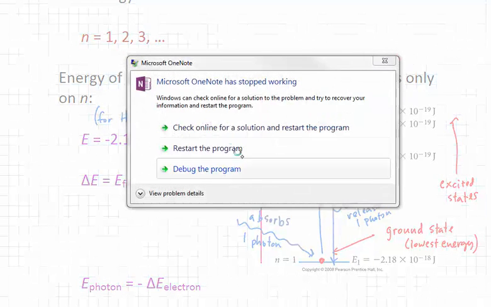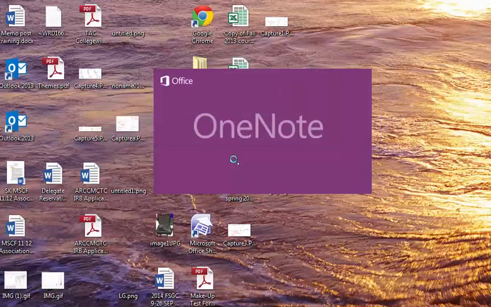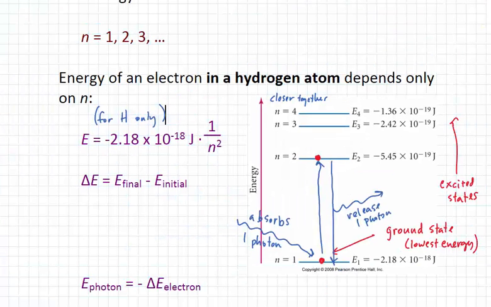The other thing: delta E, a change in energy. The energy difference that an electron would have would be the final energy minus the initial energy that that electron had. Any delta is final minus initial. So we could actually plug those two energies into this one.